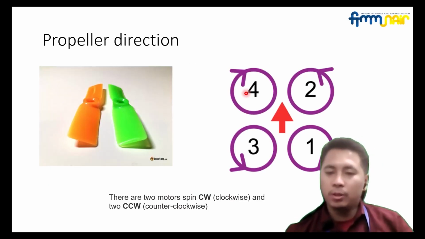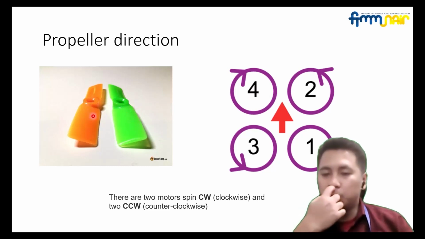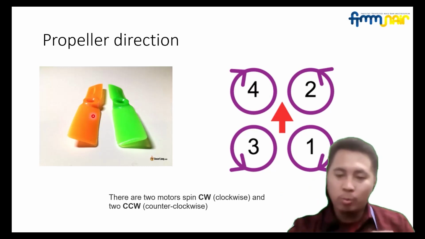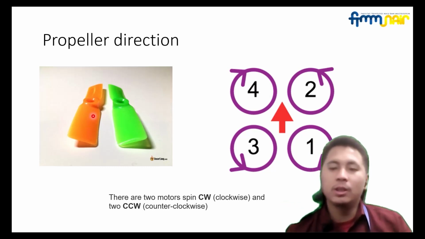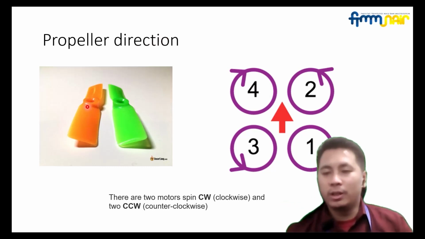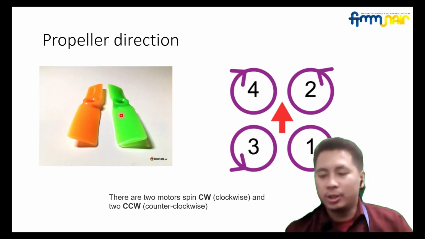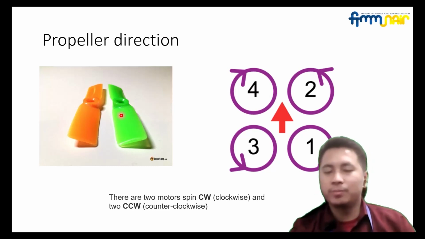We have to take a look at the proper direction, because the propeller usually has a specific direction to use. There are two: motors that spin clockwise and counterclockwise. Don't forget to check on the propeller which one fits the right direction.